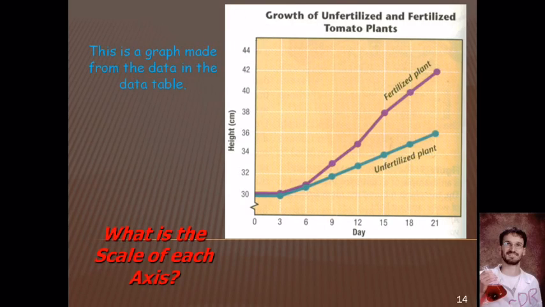That's the upper limit. The scale is how much each block is worth. So how much height, how many centimeters do we go up every time we move one block? And that would be 2. So the scale on the y-axis is 2 centimeters.